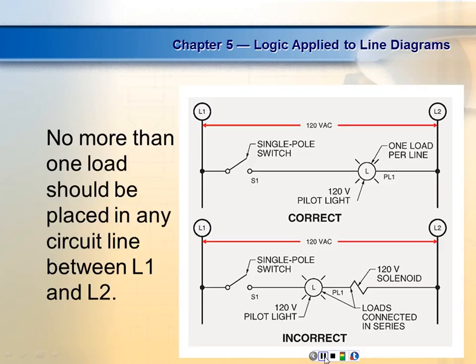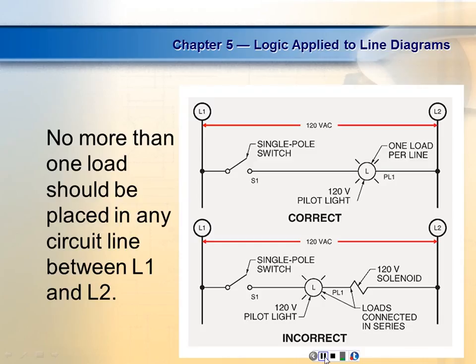So we've got to understand the difference between a rung and a line. A line is anything that moves horizontal. So a rung consists of one or more lines. What does this rule right here say?